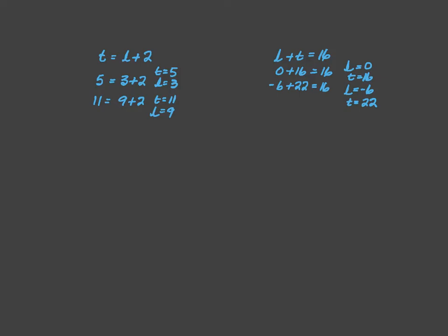When I say that these two equations are simultaneous, it means I have to find the answer that makes both of them work. So it's a system of equations. T is equal to L plus 2 and L plus T is equal to 16. When we solve this, we got T is equal to 9 and L is equal to 7.